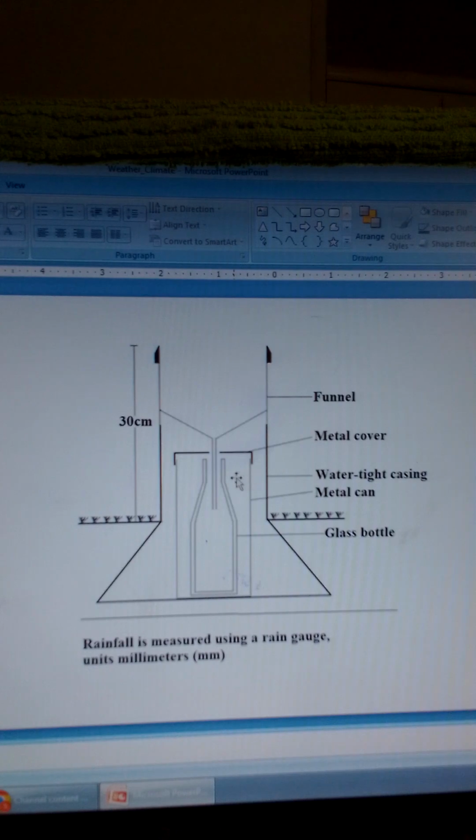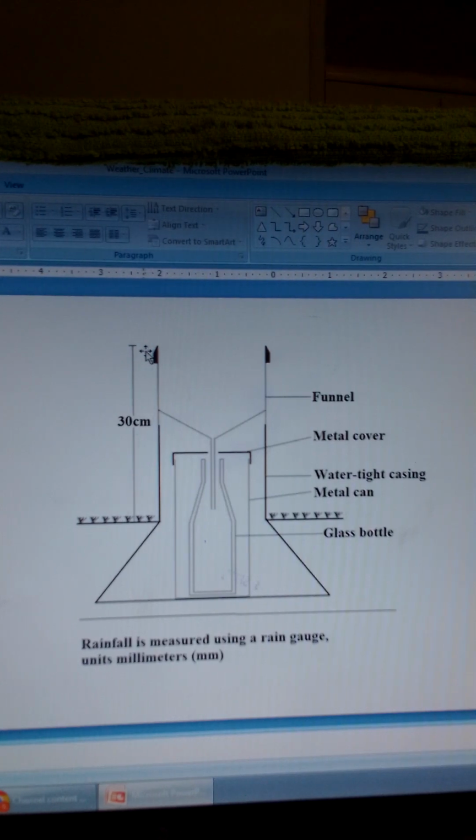Alright, so the amount of rainwater collected in the bottle and in the overflow can is poured into a measuring cylinder, and then we are able to read the amount of rainfall in millimeters. Right, and the height of this gauge from the ground surface to the brim of the funnel is 30 centimeters. That's how we measure rainfall using a rain gauge in millimeters.